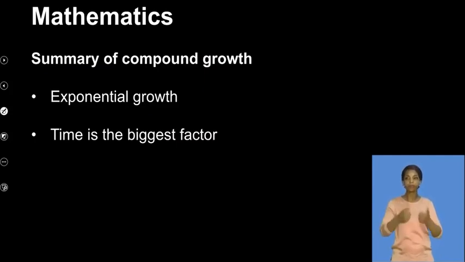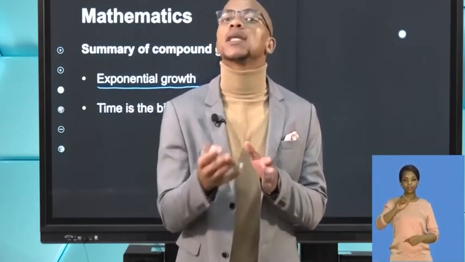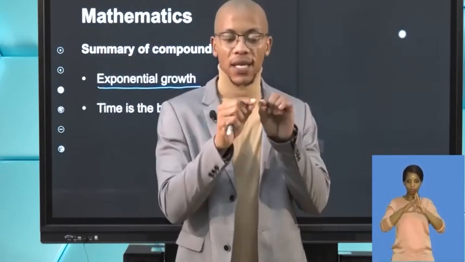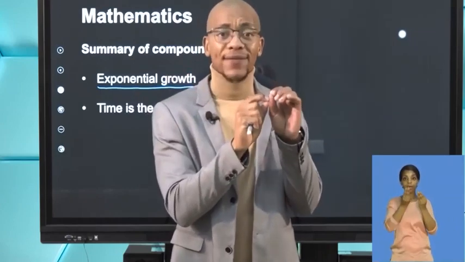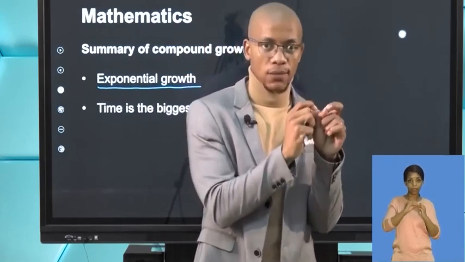So a quick summary of this is compound growth would be an exponential growth. So exponential growth meaning it is not growing at the same rate, right? It is growing at an exponential level, right? So meaning every month, the amount that you get, if it's an investment, is actually way more than the amount you got in the previous month, right?